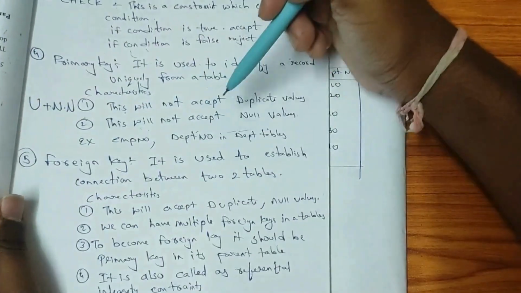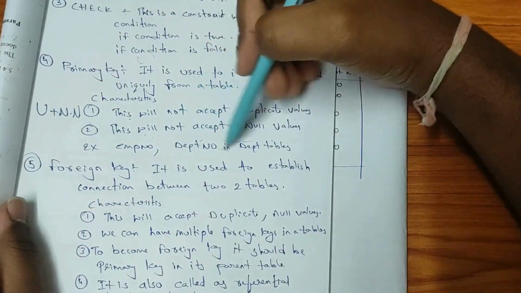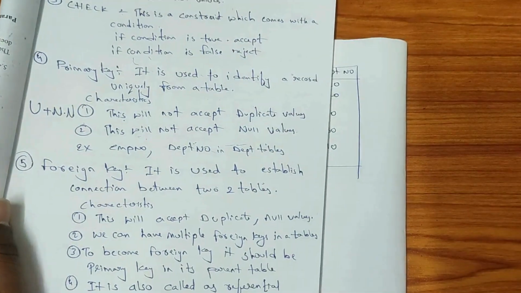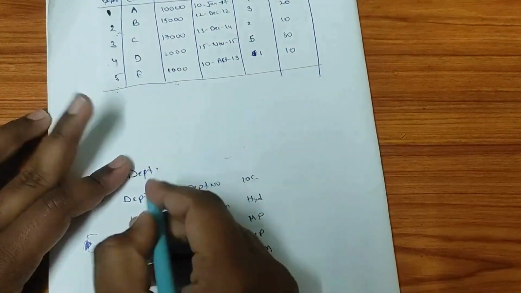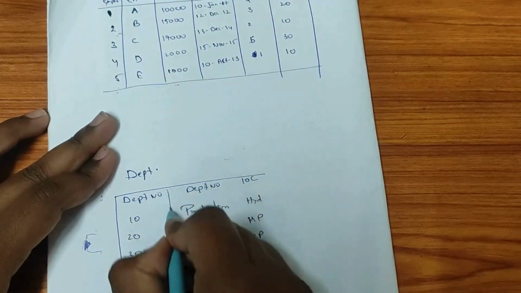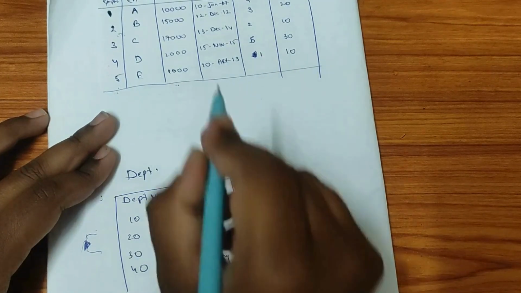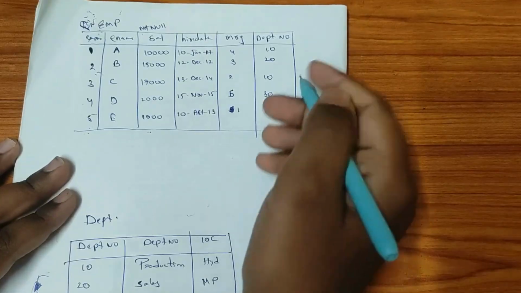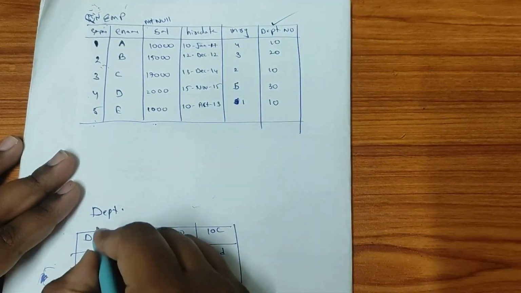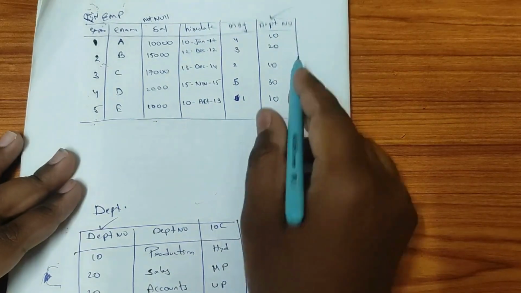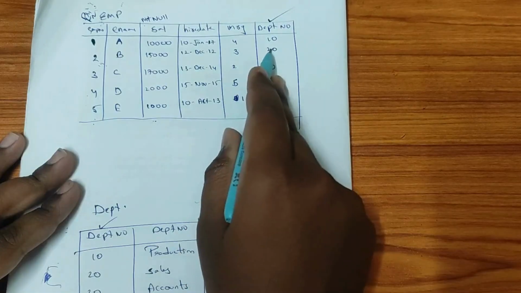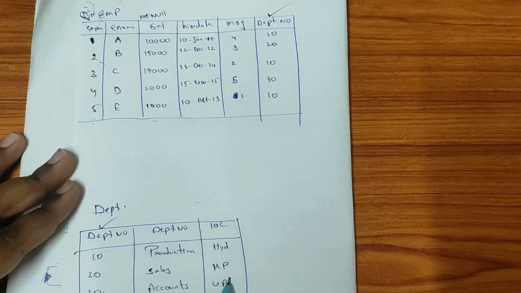Okay, and a foreign key is used to establish the connection between two tables. Here this is a department table and this is an employee table. You can see the common columns in these two tables, the department number and location.